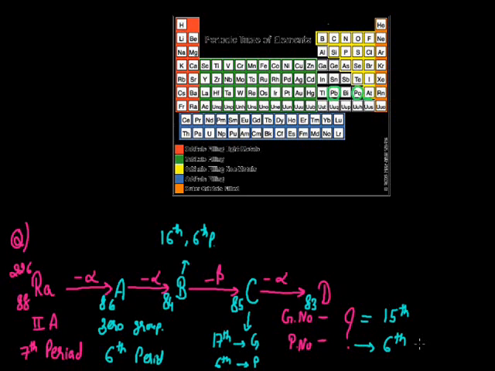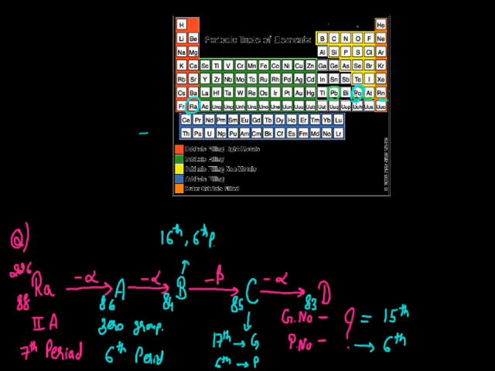If you don't want to solve the question like this, and you have an idea of the position of elements in the periodic table, then you can simply solve it like this. This is the position of radium. Whenever it emits one alpha particle, the element formed will be radon, and this radon is placed in 0 group and the 6th period. By the emission of one more alpha particle, the newly formed element will be polonium, and the position of polonium is 6A group and again 6th period.